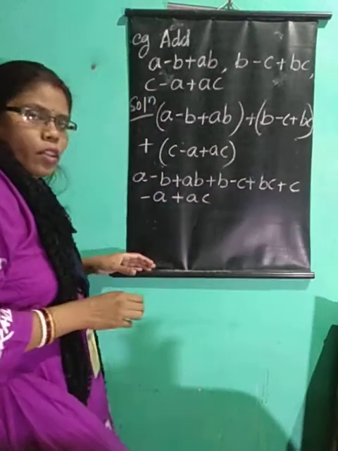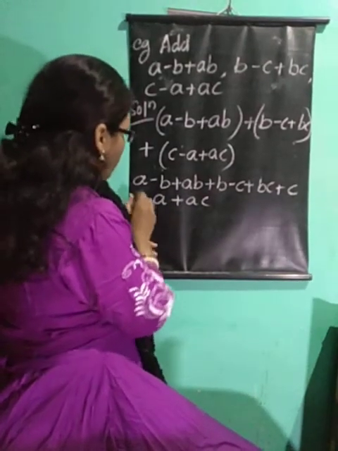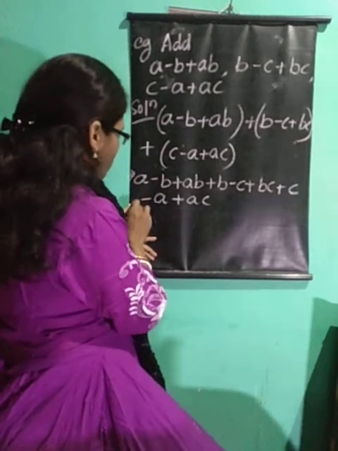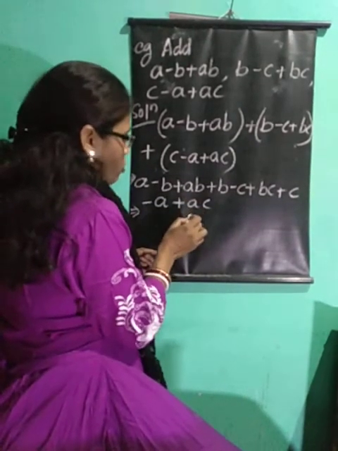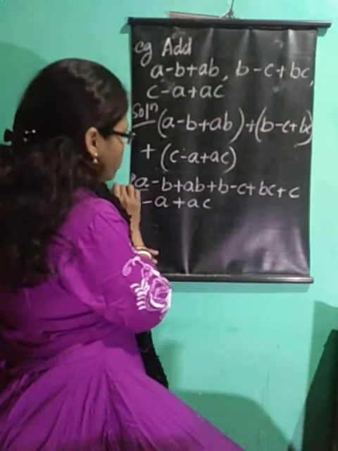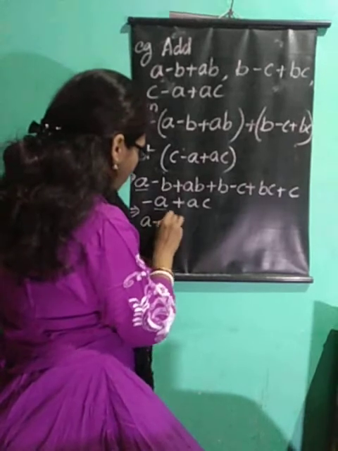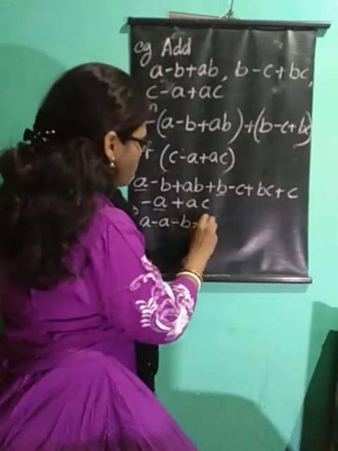Now bring all the like terms in one place. Here, you can give implies. Like terms means, here is variable a, so a minus a. Here minus b, and you can see here plus b.